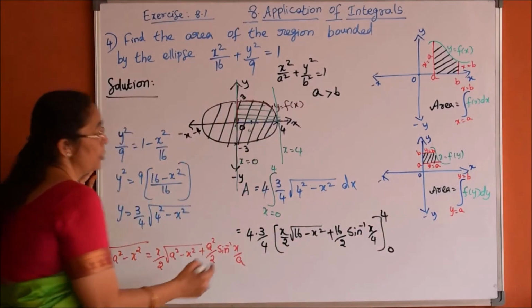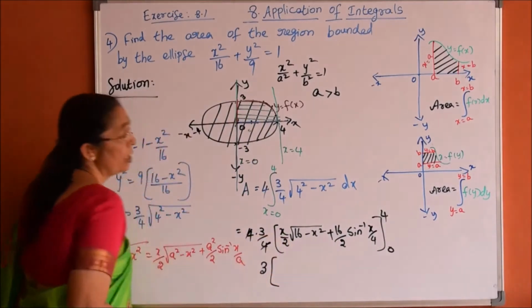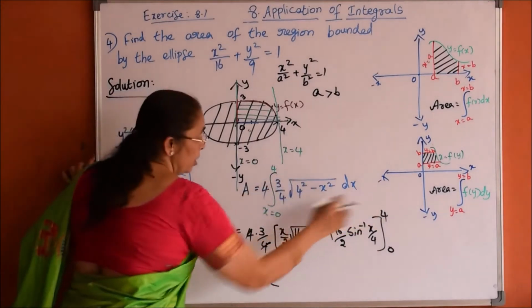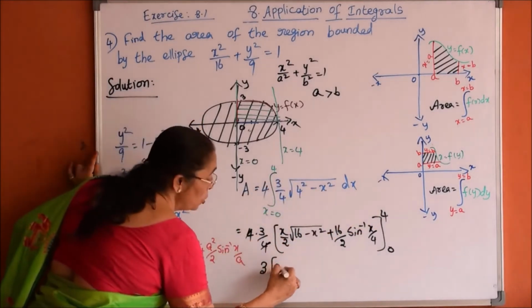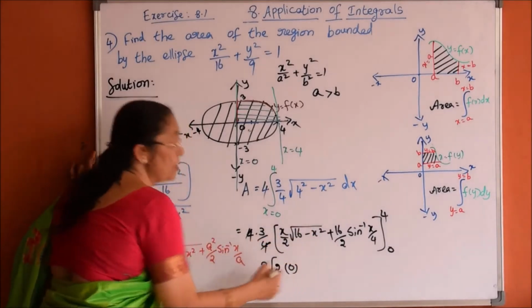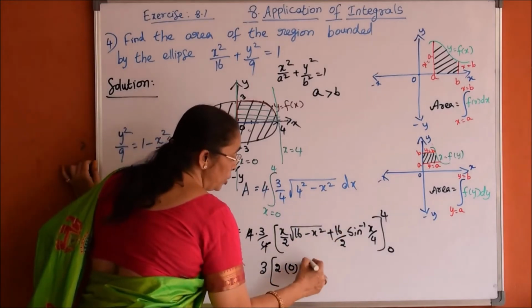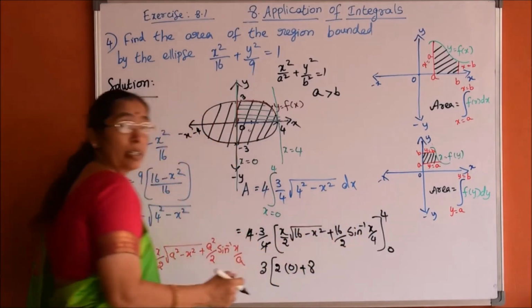So, outside here 4 gets cancelled, 3 times. Here, applying the upper limit 4 by 2, we will get 2 into root of 16 minus 16, which is 0. Coming to the second part, plus 16 by 2 is 8 sine inverse of x by 4.